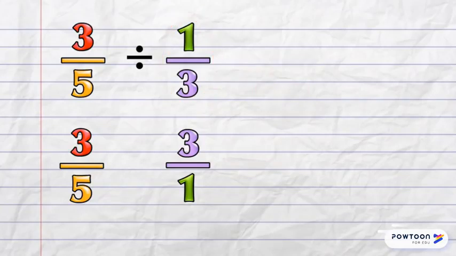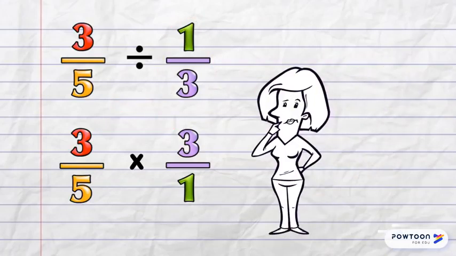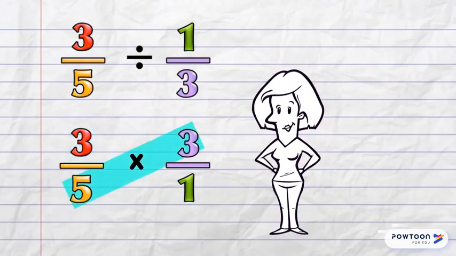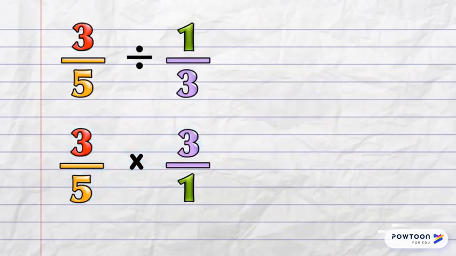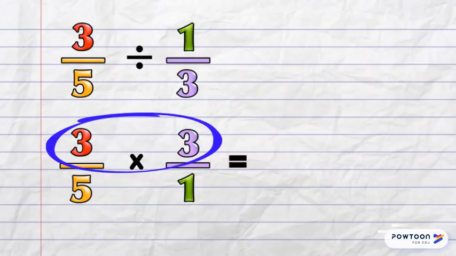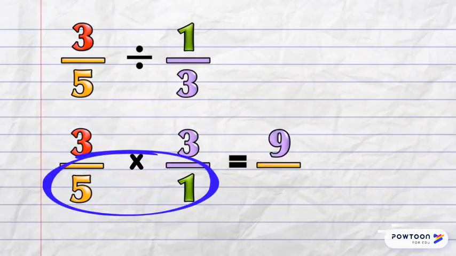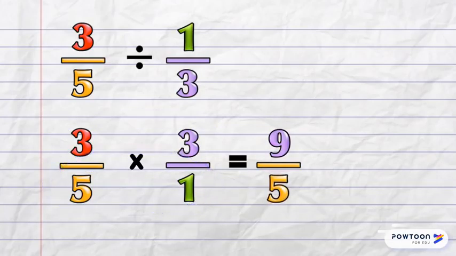When we invert that fraction, we also use the inverse operation. Swap the sign from divide to multiply. Now, it's not possible to reduce this problem, so we're going to go straight to multiplying out. Top times top gives us 9 over bottom times bottom is 5.